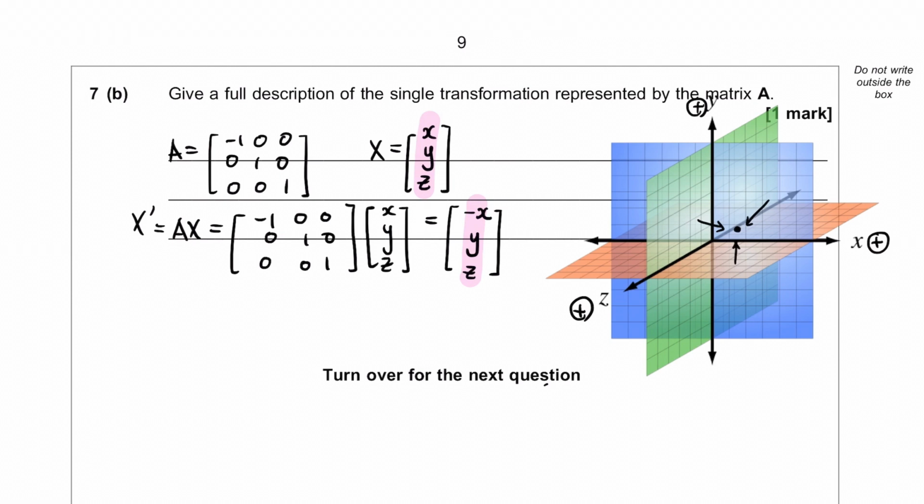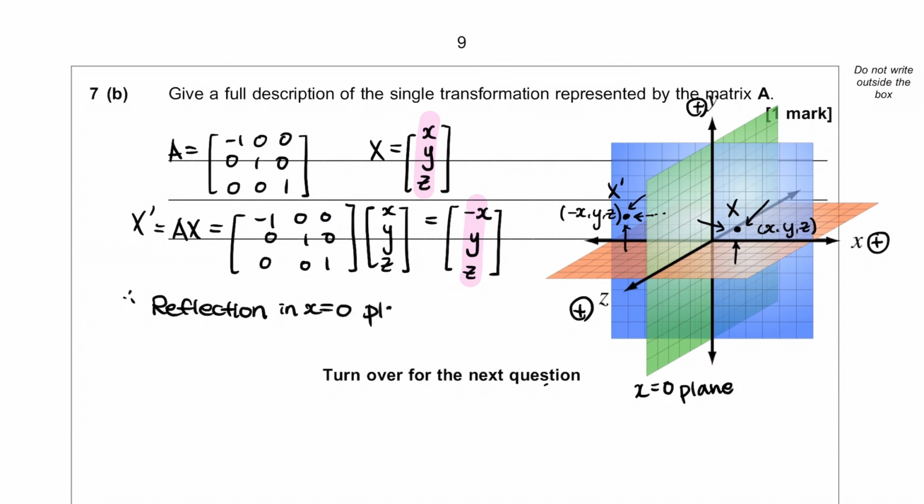Now, if only x becomes negative, this moves to here. So now it is left of the green plane, and all the others are the same, right? So that means that x prime, which is here, is a mirror image or the reflection in the green plane. So this green plane is the x equals 0 plane. So we can say that this matrix is doing a reflection in the x equals 0 plane.